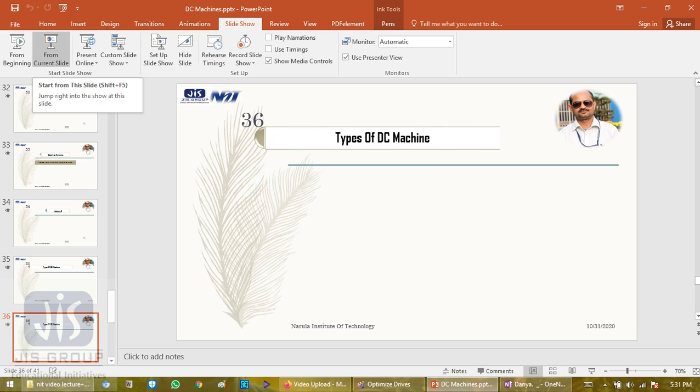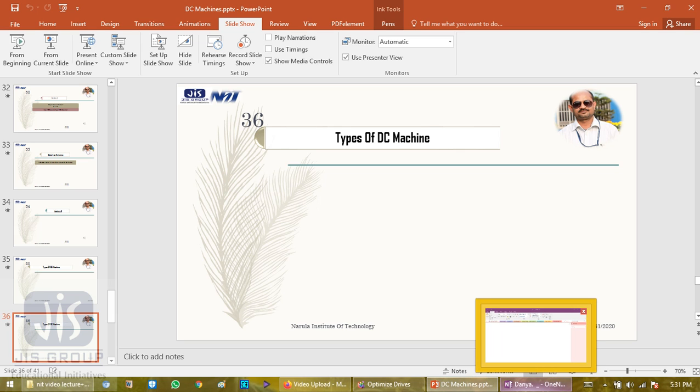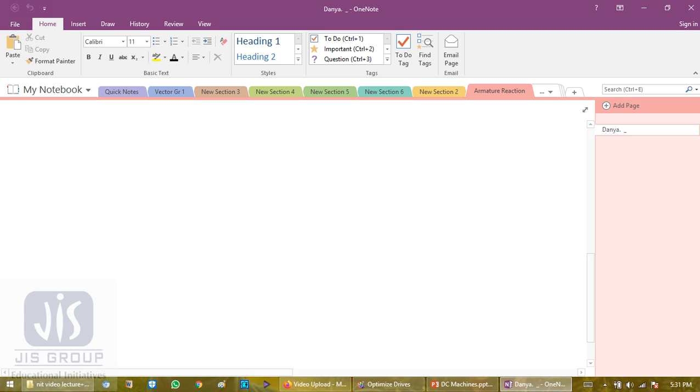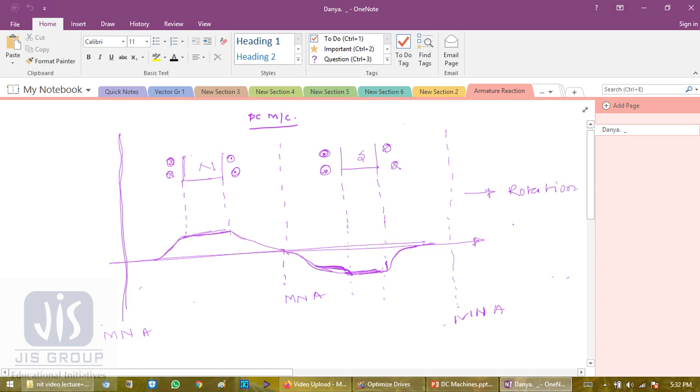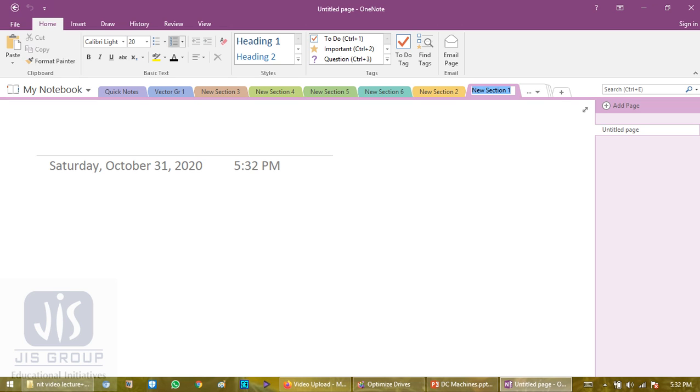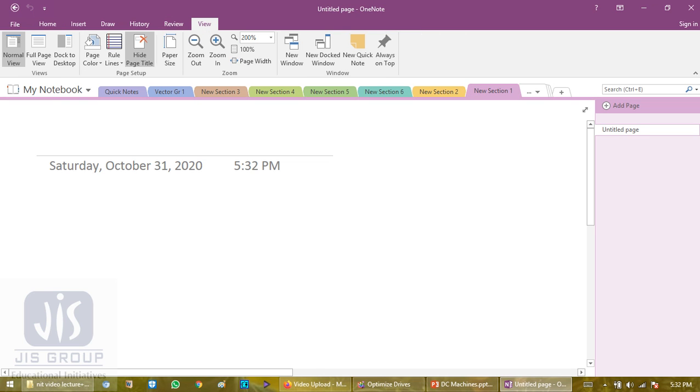So first, for separate excitation for DC generator. Okay, so generator means mechanical energy converted into electrical energy.